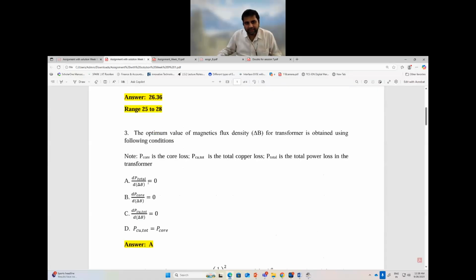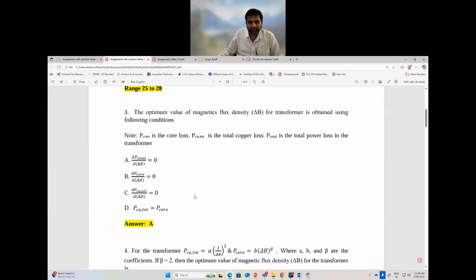That expression will give you the point at which delta B is the optimal value, and then you can substitute that in the P total equation to obtain the minimum value of total power loss in the transformer. So that's why option A is correct.